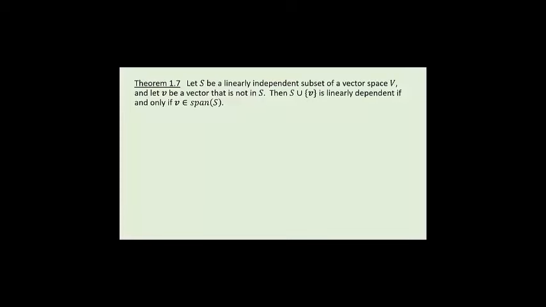Let S be a linearly independent subset of a vector space V, and let v be a vector that is not in S. Then the set S union {v}, the set containing v, is linearly dependent if and only if v is in the span of S. So what we're asking here is, when we add a vector into a linearly independent subset, how can we tell if the set remains linearly independent?